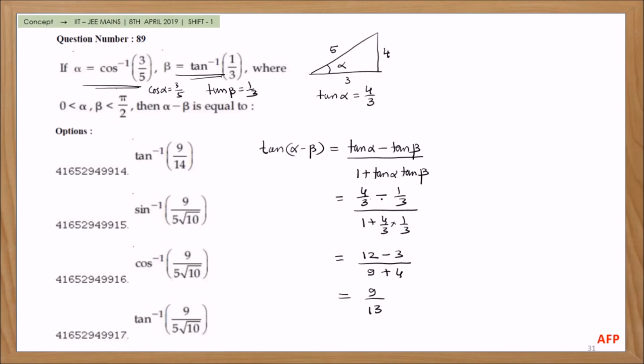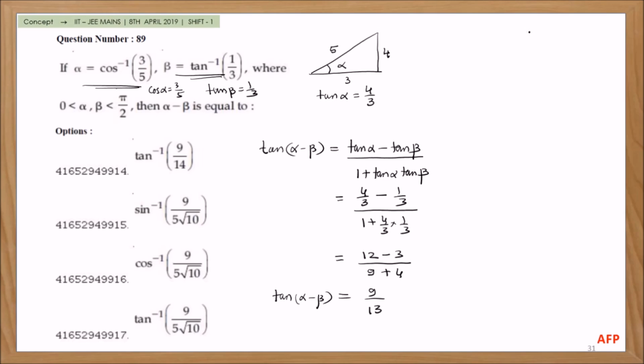You can see, instead of taking LCM, you cross multiply and get it easily; numerator 9 and denominator 9 also get cancelled. Very easy calculation. So you got this in terms of tan. Is any tan value matching? No, the tan value is not at all matching.